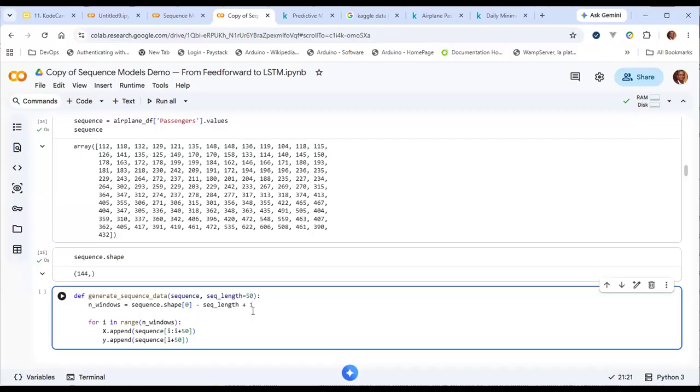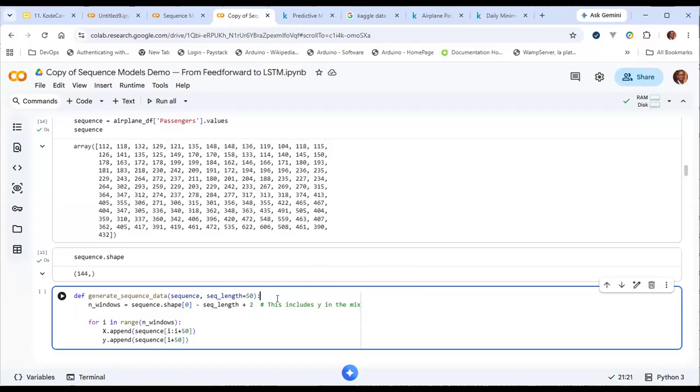Otherwise we'll get to the last point and there'll be no y, so it should be plus 2. So let me put a comment there: this ensures we still have values, this includes y in the mix.